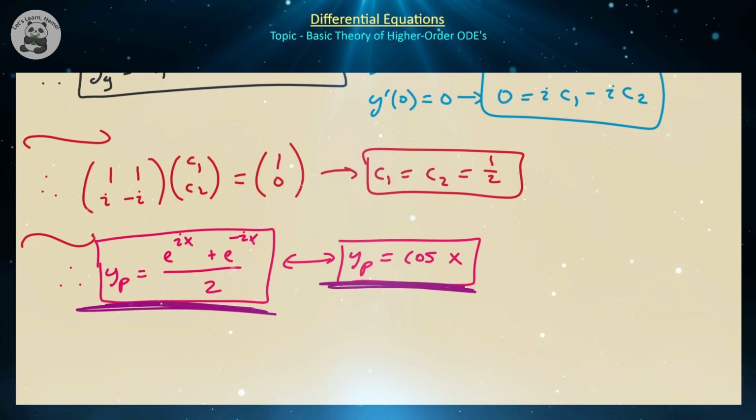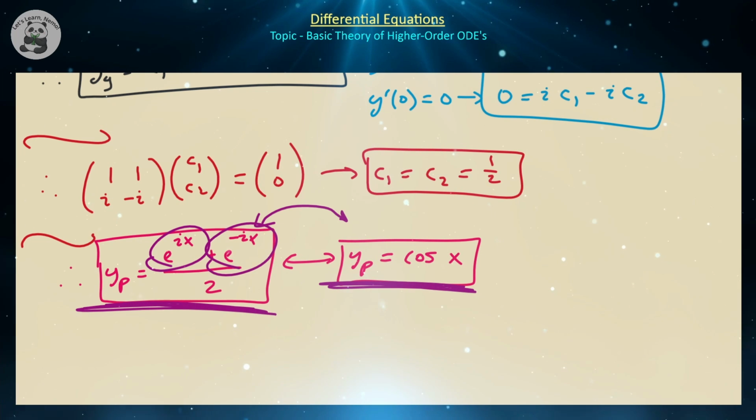And you could ask, well, is there any relationship between these things? How can you be so sure that these two things are equal to each other? Well, one can show that if you have a set of two functions, in this case e to the ix and e to the minus ix, and they are what we call independent functions, then those are the only solutions to that constant coefficient homogeneous differential equation.